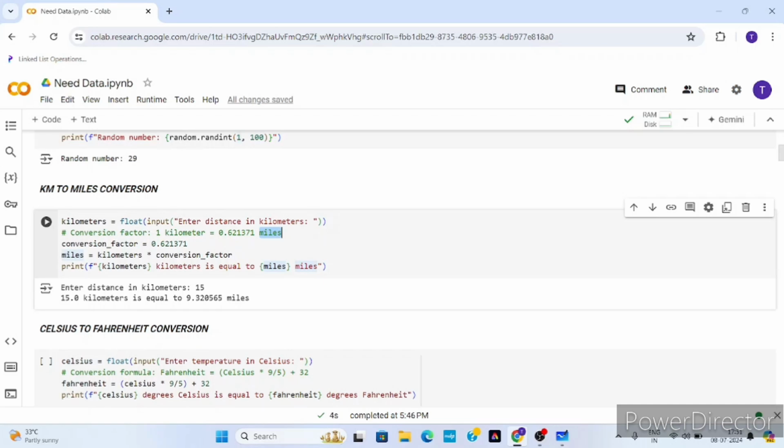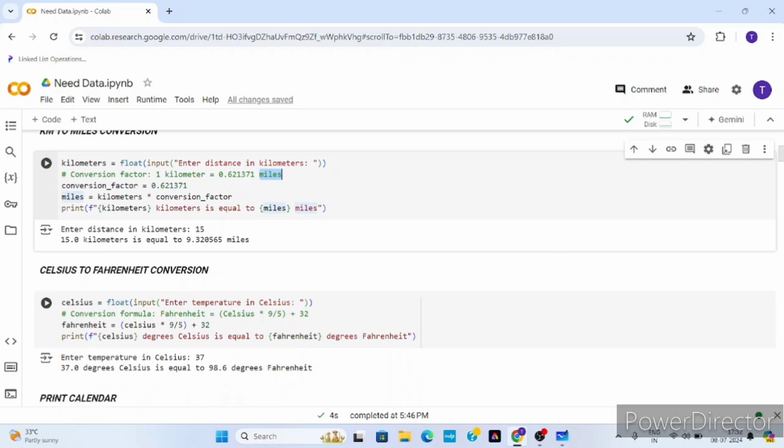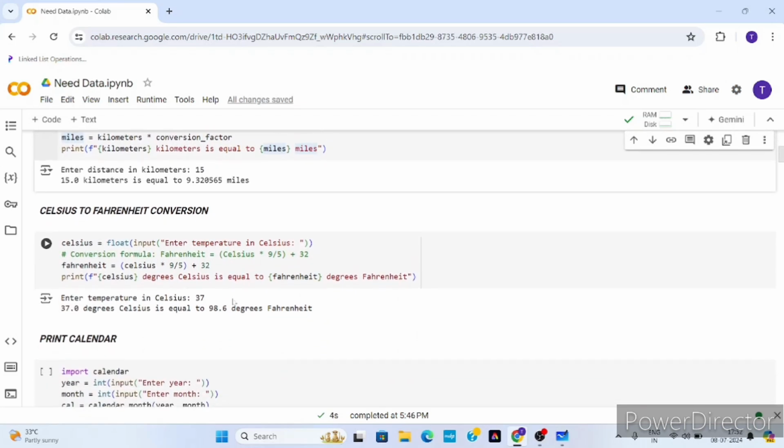Yeah, I got it, which is 15, and I'm going to multiply this 15 by 0.62137. If I just multiply, I get the value in miles, which is around 9.32056. So 15 kilometers equals 9.3 miles. That's it.